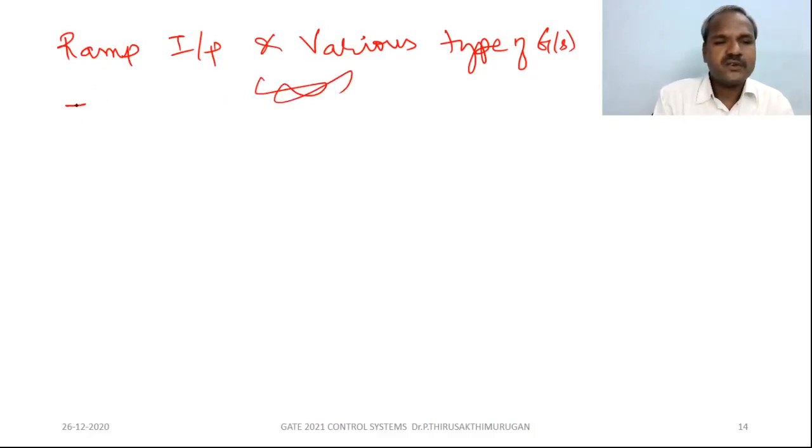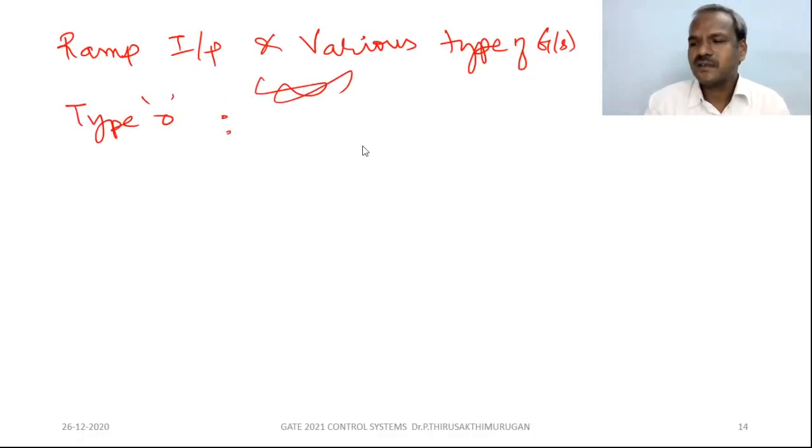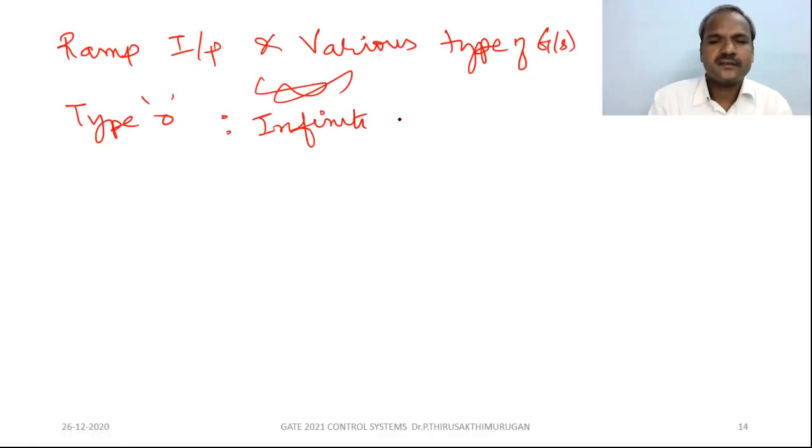So type 0 system gives infinite steady state error for ramp input.